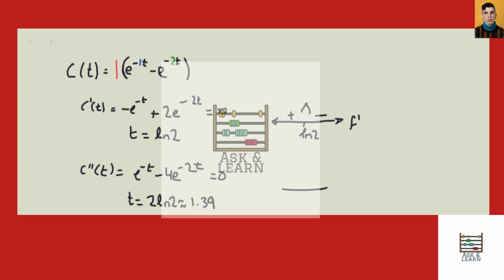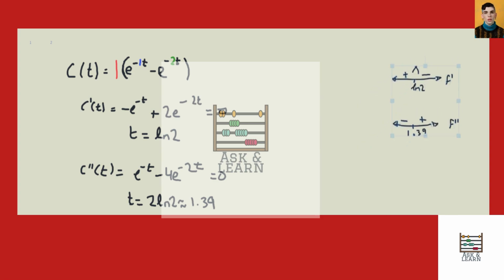And if we do the second derivative test, and we test values around 1.39, we see that it's going to be concave down and then concave up. So this is an inflection point. All right, so we're going to use this while we graph in just a moment.